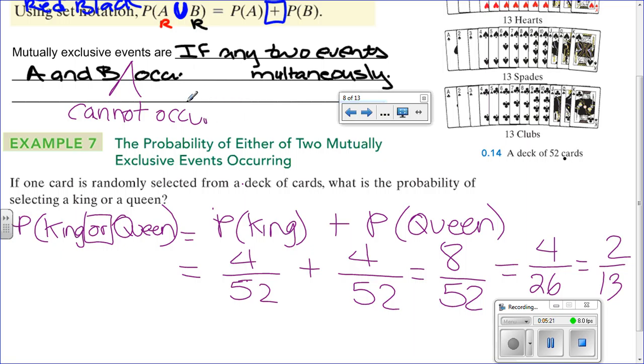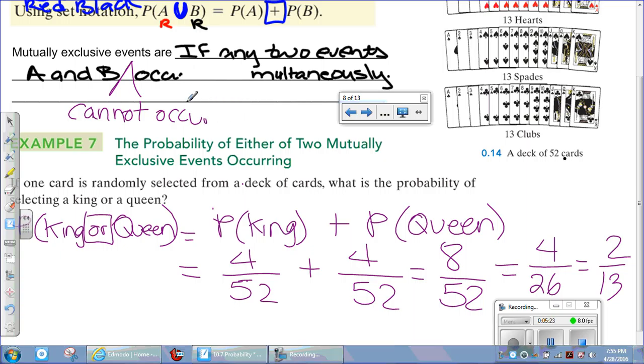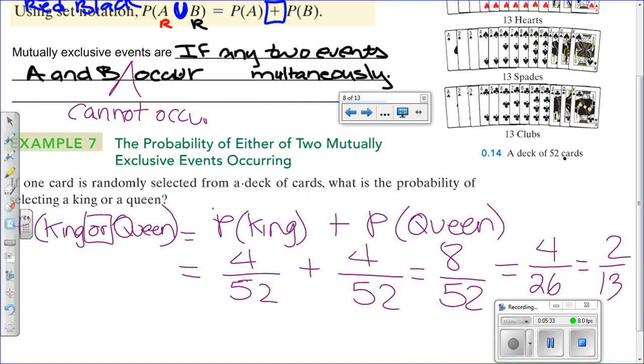If you get a card and you're hoping to get a face card, then you're going to get either a queen or a king or a jack, but you cannot get all three at once. And because of that, we will say cannot occur simultaneously. So those are mutually exclusive events. The one does not depend on the other.